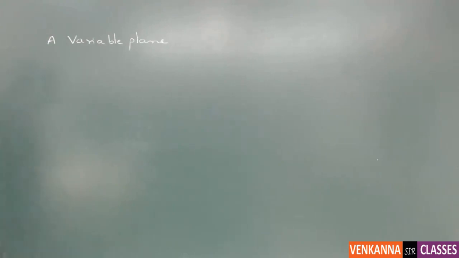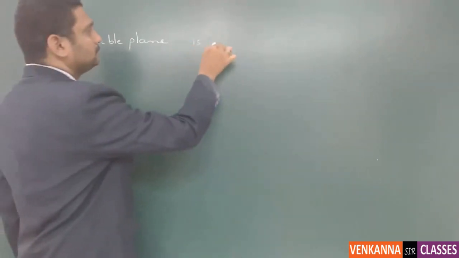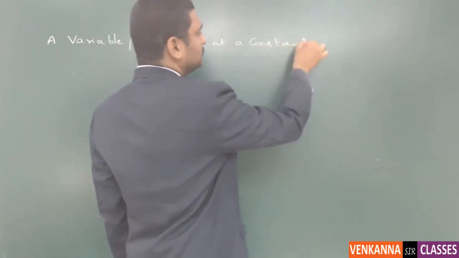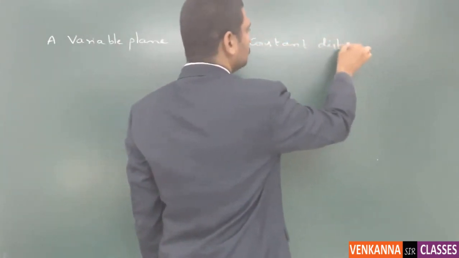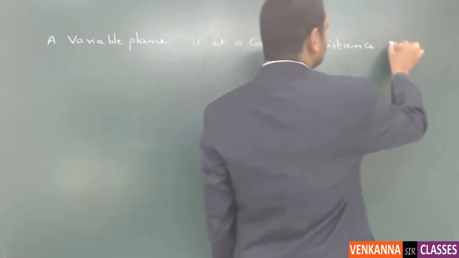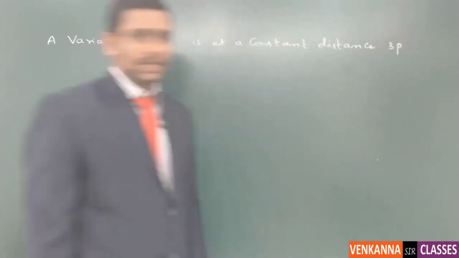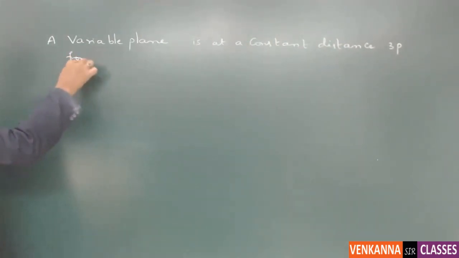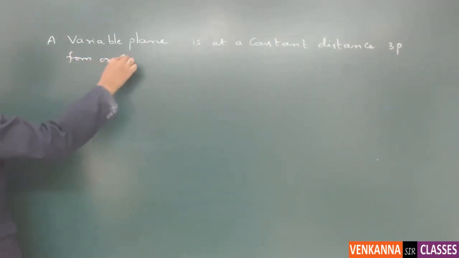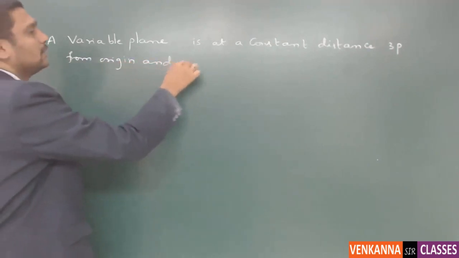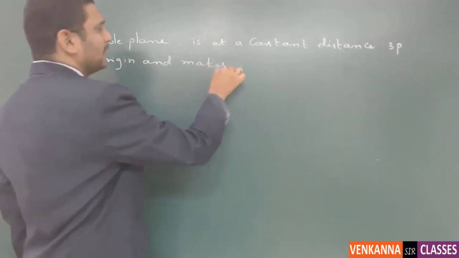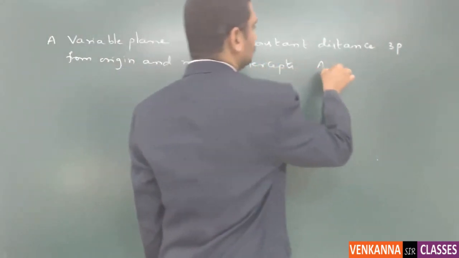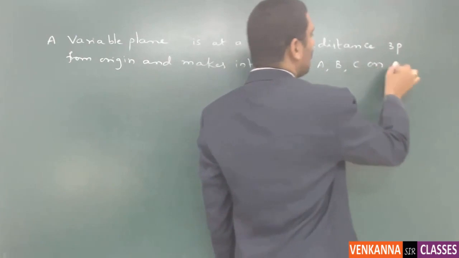A variable plane is at a constant distance 3p from origin and makes intercepts on axis.